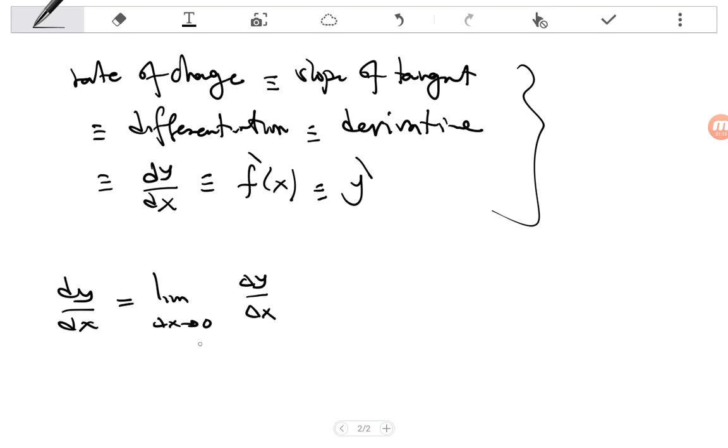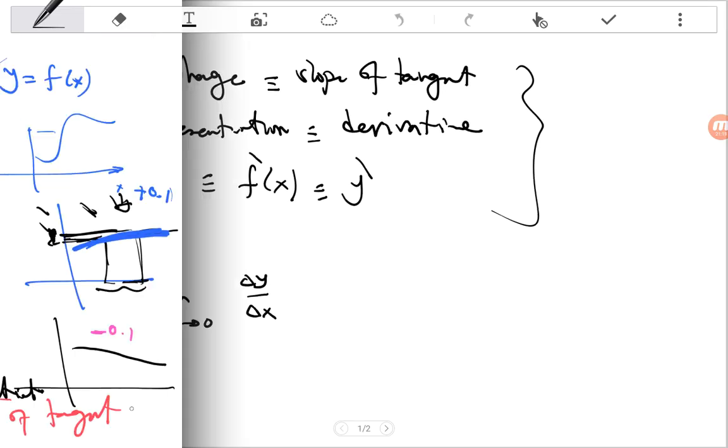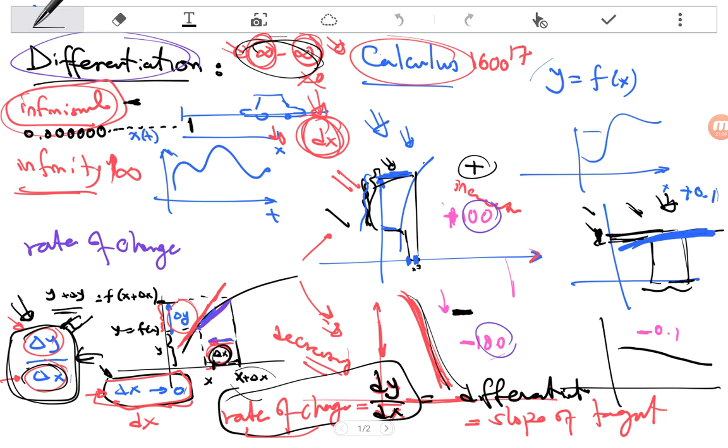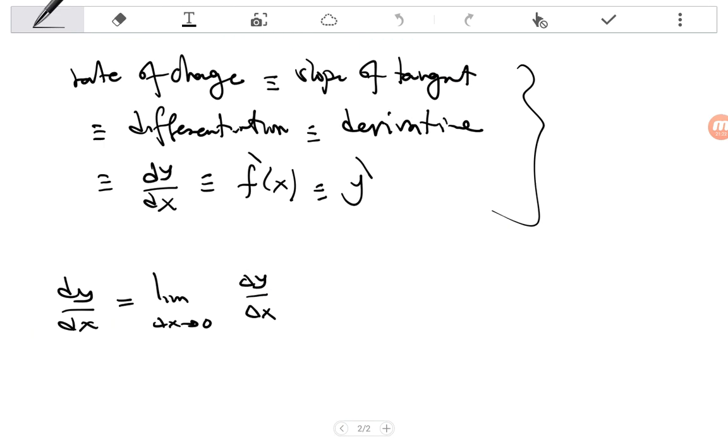Before, I just told you I'm letting delta x approach 0. But the more formal expression for that is called the limit of that expression when delta x is approaching 0. Okay? So that is called the differentiation.